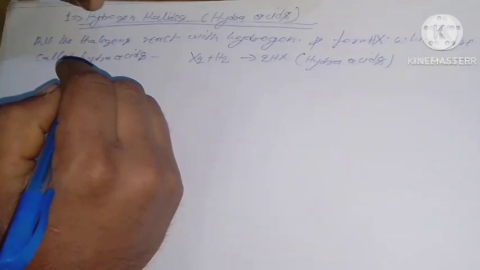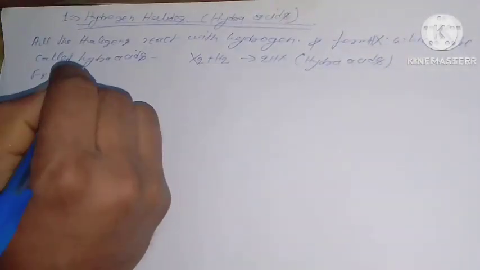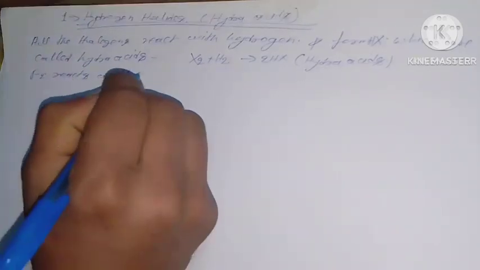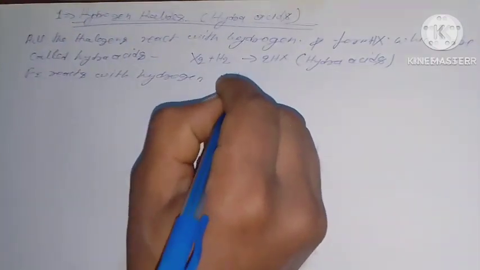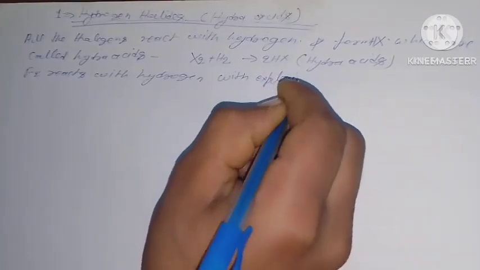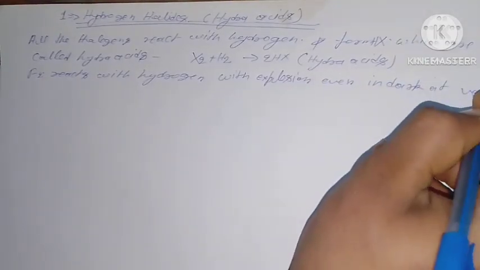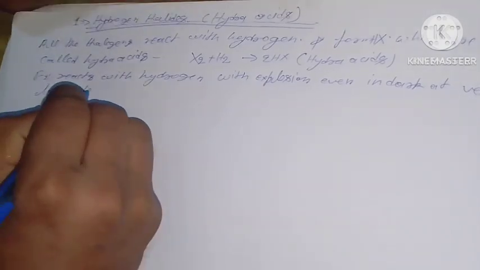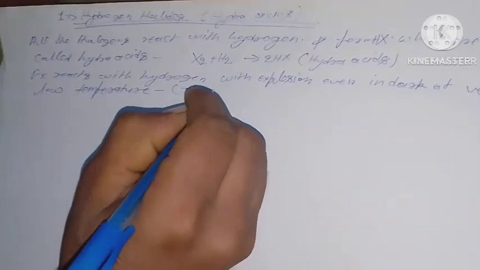Fluorine reacts with hydrogen with explosion even in the dark at very low temperature, approximately minus 210 degrees Celsius.